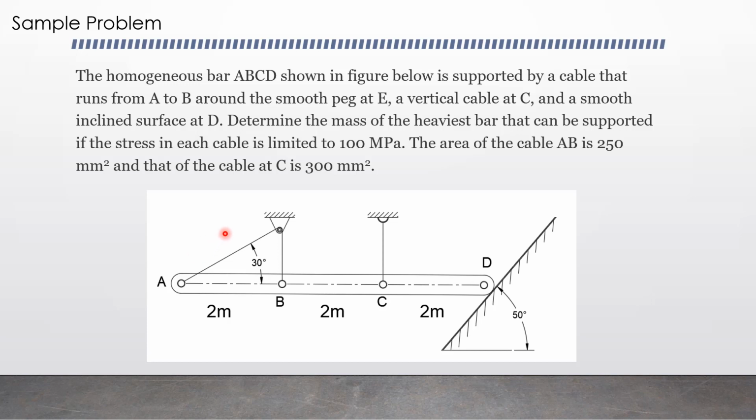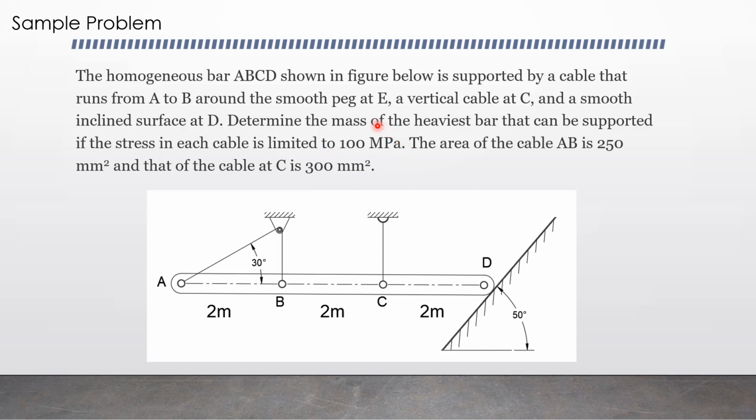As we examine the figure below, the cable C has a larger area than the cable AB. So just by inspecting this figure, we already know that cable AB is weaker than cable C, because they have the same material.